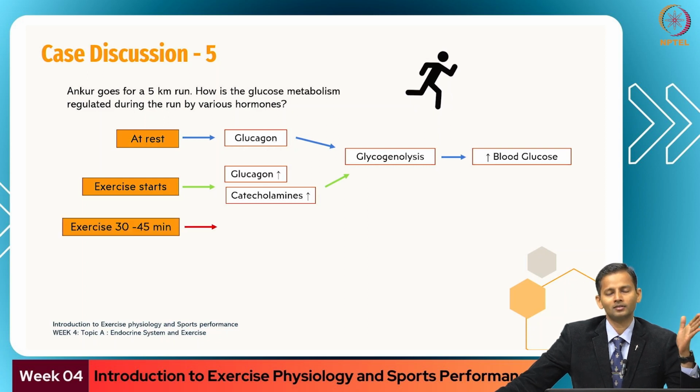Now, as the exercise activity progresses, when the individual reaches about half an hour into the activity, there is an increase in the secretion of cortisol. So, we know that cortisol has a permissive action, wherein it exaggerates the action of glucagon and catecholamines. They are already available in the blood.